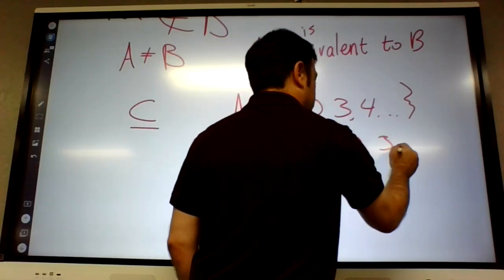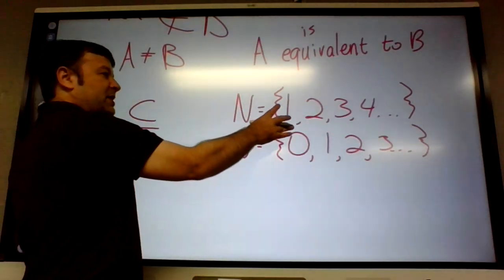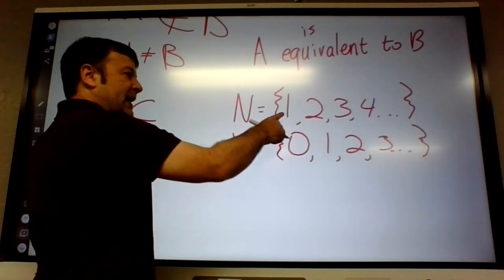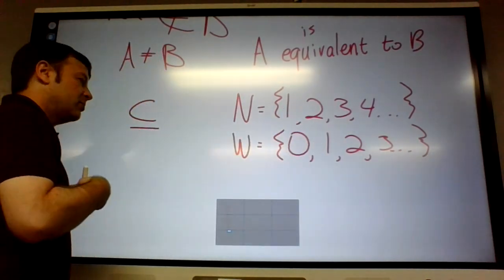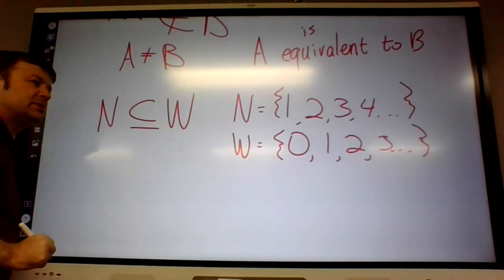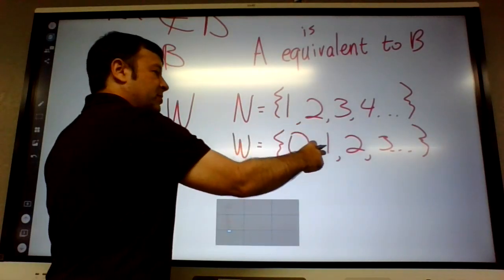Good job. You guys remember some stuff. Okay, well, both of these sets are infinite, but the natural numbers you could say are a subset of the whole numbers. What do you think that means? It means every element in the natural numbers is also in the whole numbers.